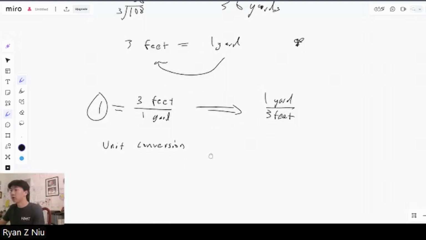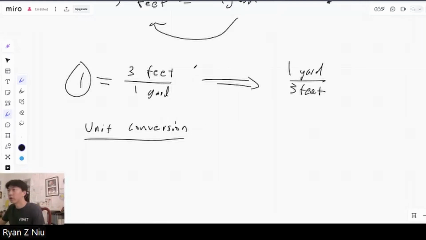right? So now what we do with this unit conversion is we say, okay, we have 108 feet. We can simply multiply it by the unit conversion, because the unit conversion is the same thing as multiplying by 1.